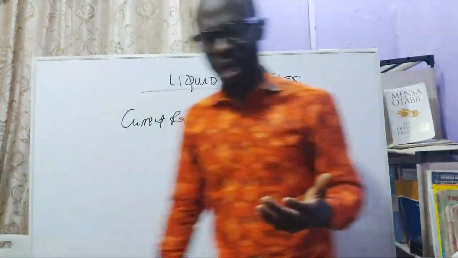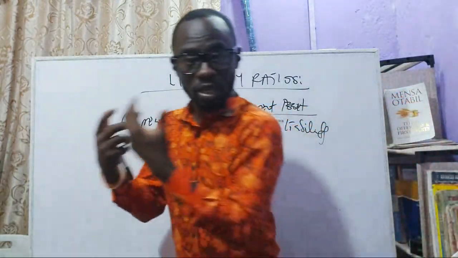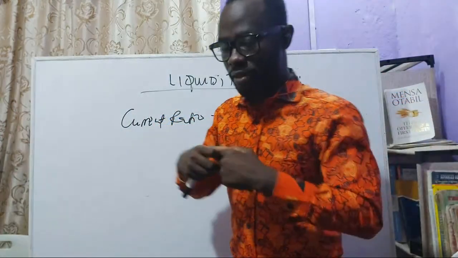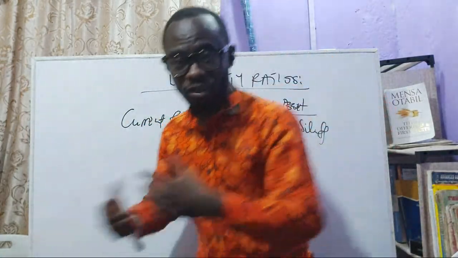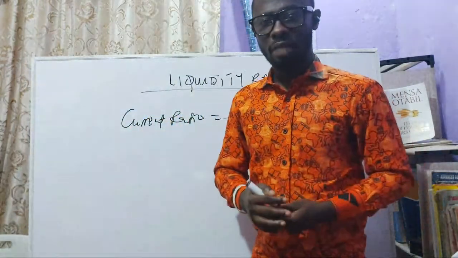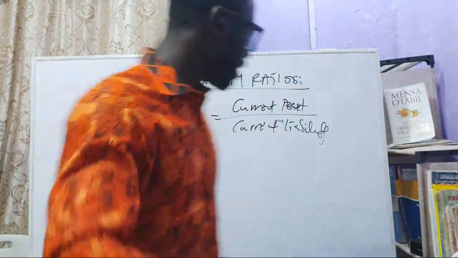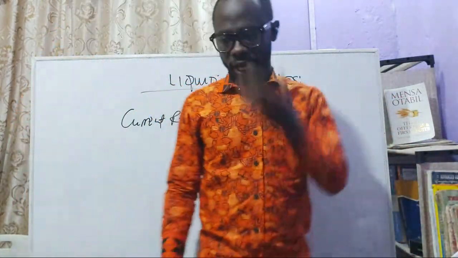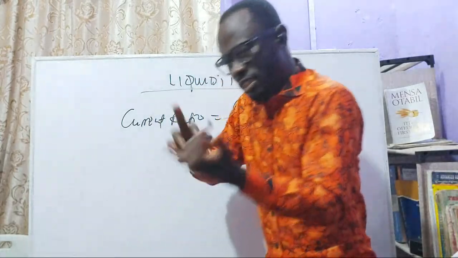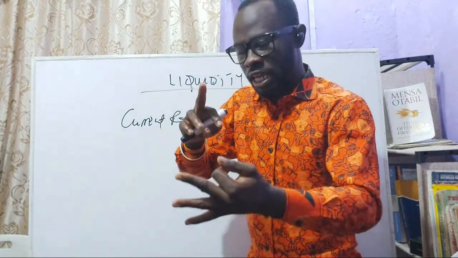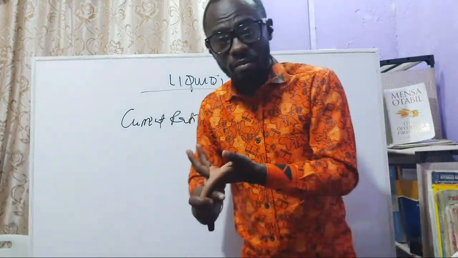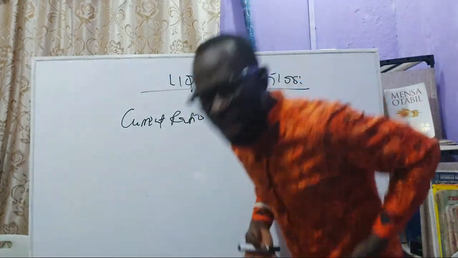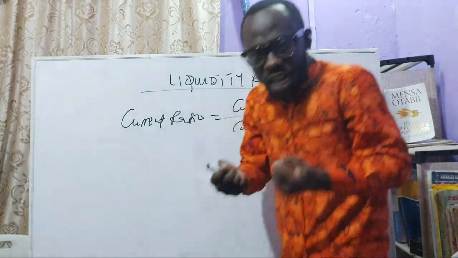Then what are current liabilities? Current liabilities could be trade payables, could be income prepaid, could be bank overdraft. All of that is current liability. So the question we are asking about a current ratio is, okay, those short-term debts, the trade payables, the bank overdrafts, the expenses owing, the income owing or income prepaid, if we are to pay them today, can we really pay them?